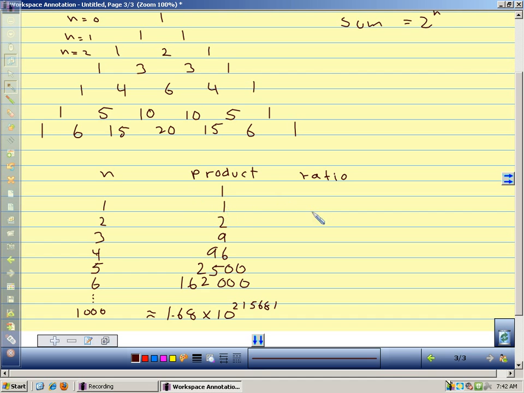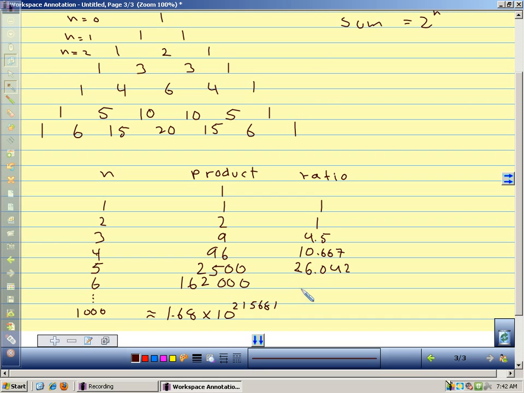So our ratio here is 1. Our ratio here is 1. Here we get 4.5. Here we get 10.667. Here we get 26.042.